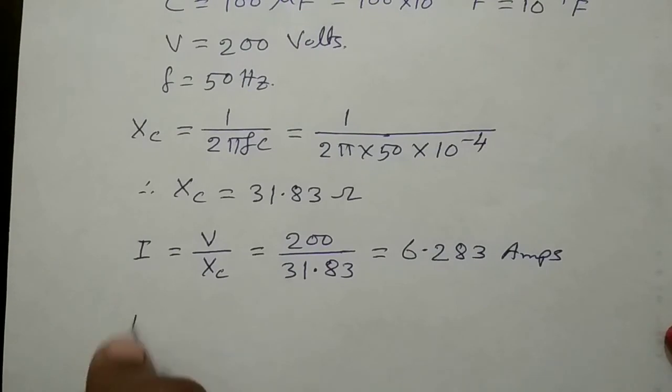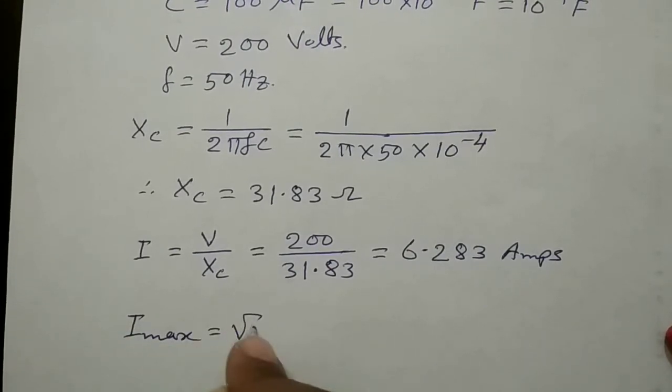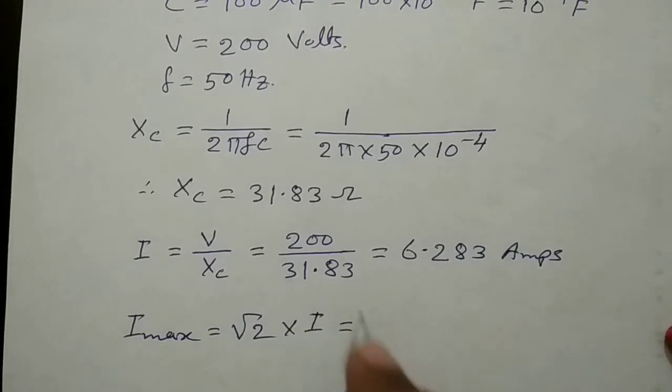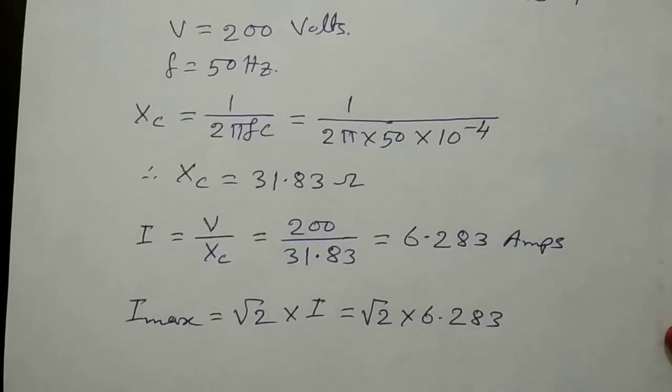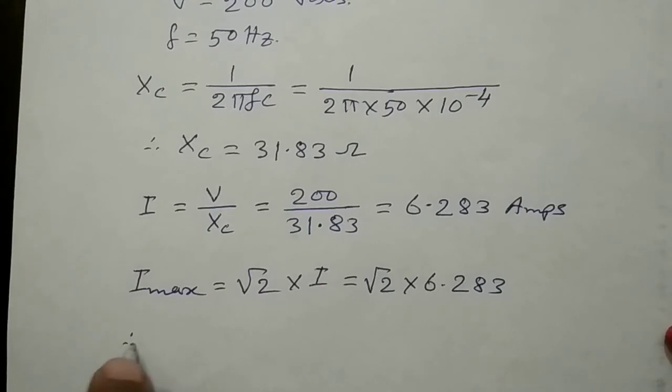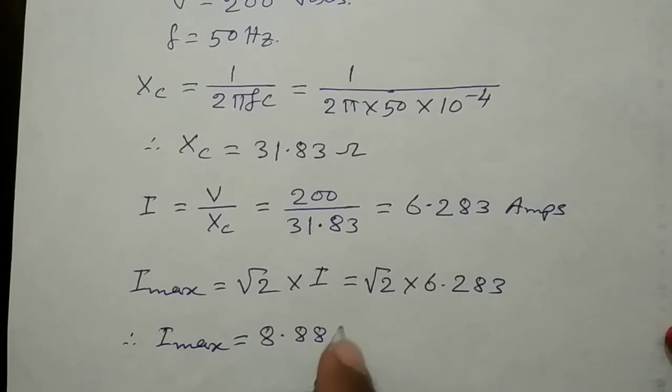The maximum current can be written as root 2 into the RMS value of the current. That is root 2 into 6.283. So finally, the maximum current will be 8.886 ampere. So this is the answer.